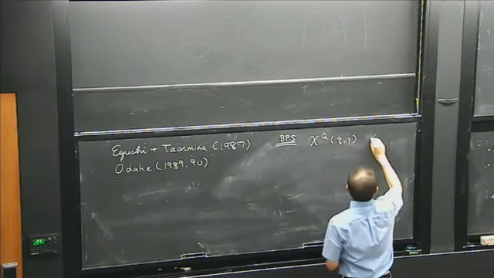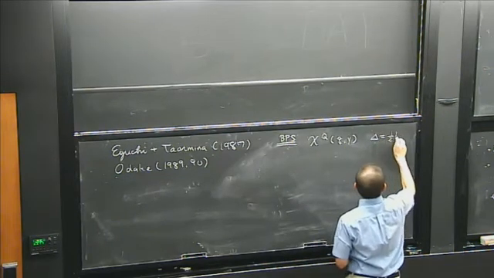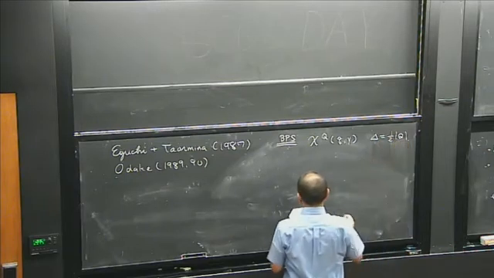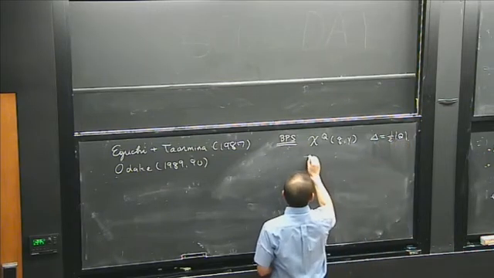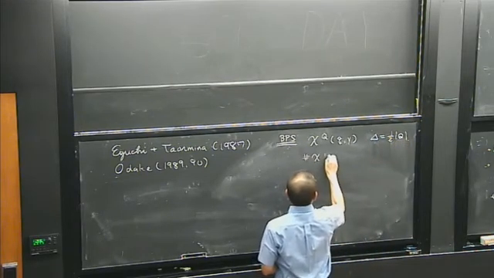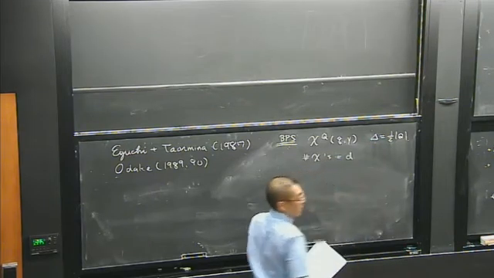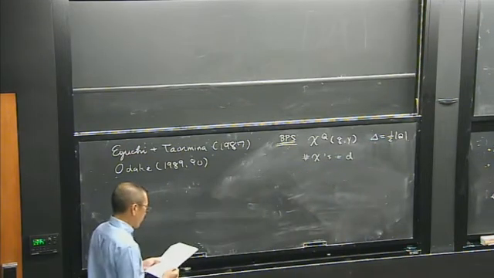I would like to remind you that delta is half of Q in this case. So in this case, the number of χ's is D, where D is the dimension of the Calabi-Yau.